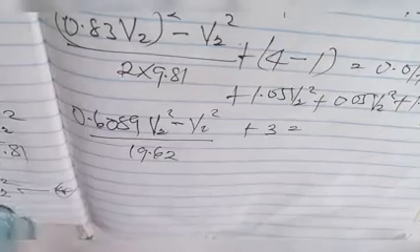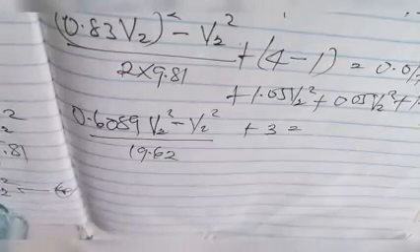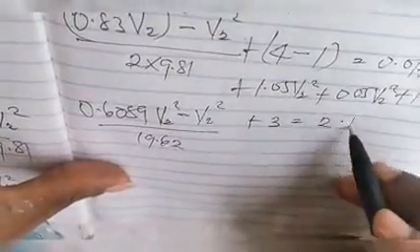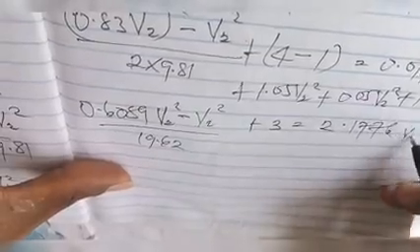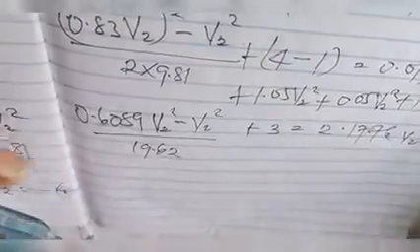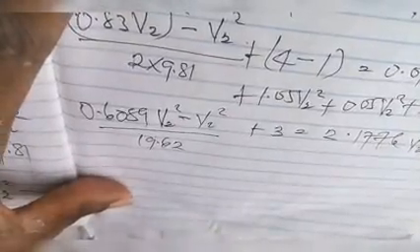So the whole of that addition gives us 2.1776. So the whole of this will be 2.1776 V2 all squared.